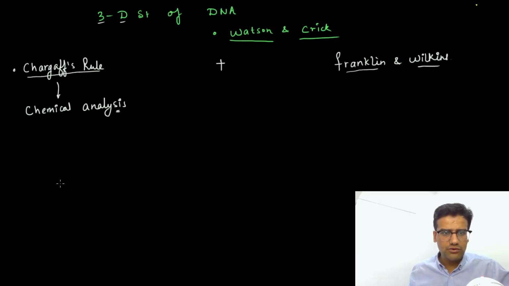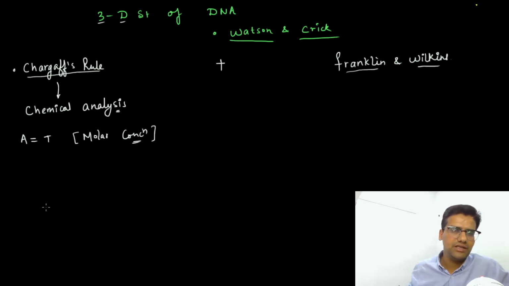If we talk about chemical analysis, he did chemical analysis and he obtained that the amount of adenine is equal to thymine, or you can say the molar concentration of adenine is equal to thymine.